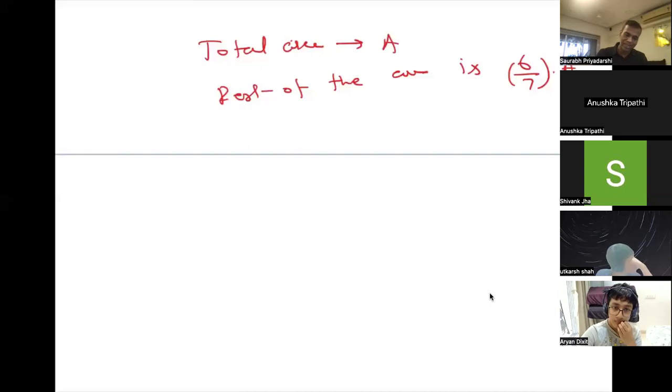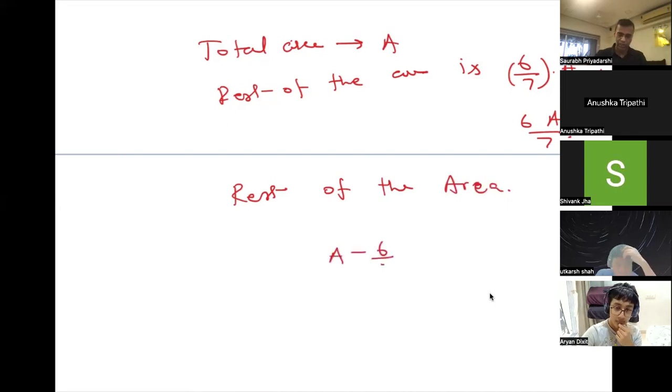This is 6A by 7. So the rest of the area is A minus 6 by 7 A, that is A by 7, the 7th part of it.